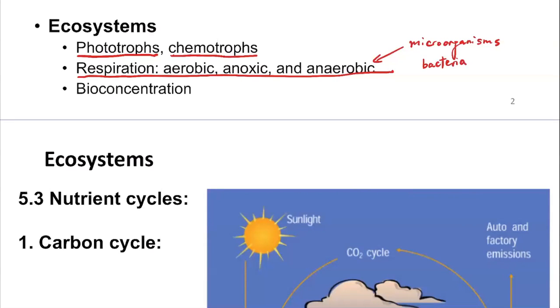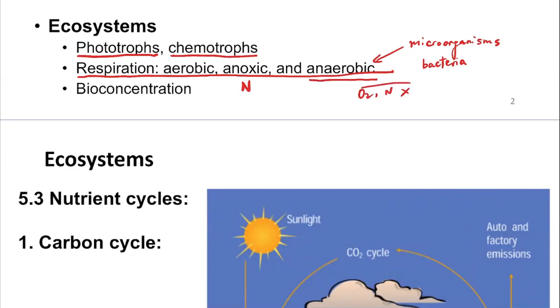Okay, so we mentioned that most of the bacteria are aerobic, which means that they rely on oxygen to sustain themselves. Anoxic means that they don't need oxygen, but they need nitrate or nitrite, so basically species that contain nitrogen inside. And then there are anaerobic types, which means that they cannot live in an environment with oxygen or nitrogen.